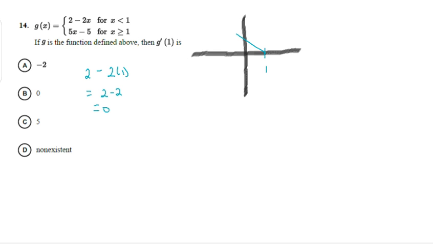And it's equal to 0 when x is 1. Now let's look at the other side. 5 times 1 minus 5 equals 5 minus 5, which equals 0. So our function is continuous when x equals 1.